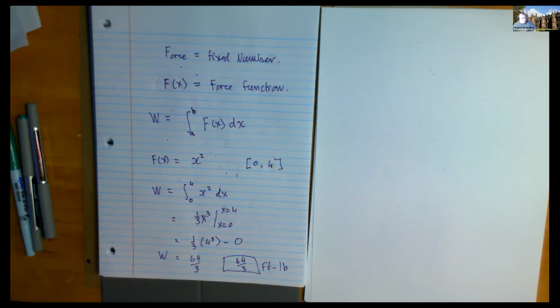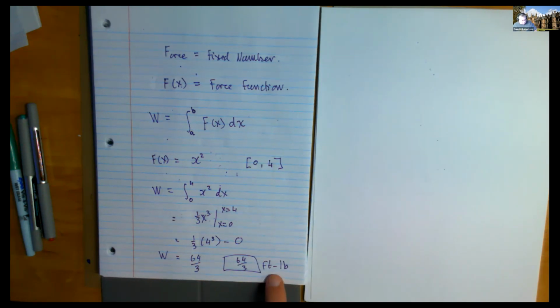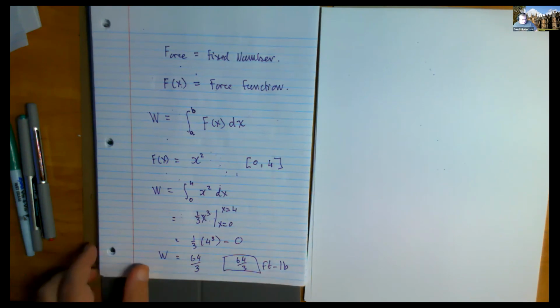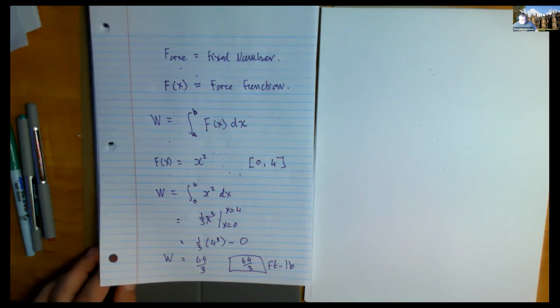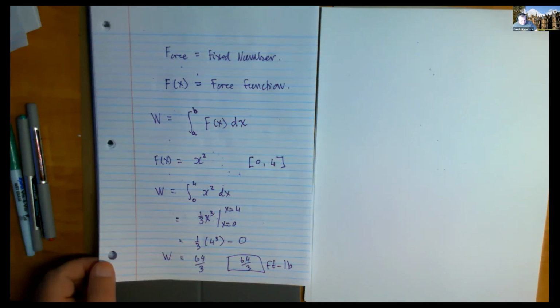Because I don't think they're called Newton meters. And we don't need to really worry what they're called because the question's going to tell you the units after the box, which makes life easy. So as long as I know what the force function is, can't I basically find the work done?